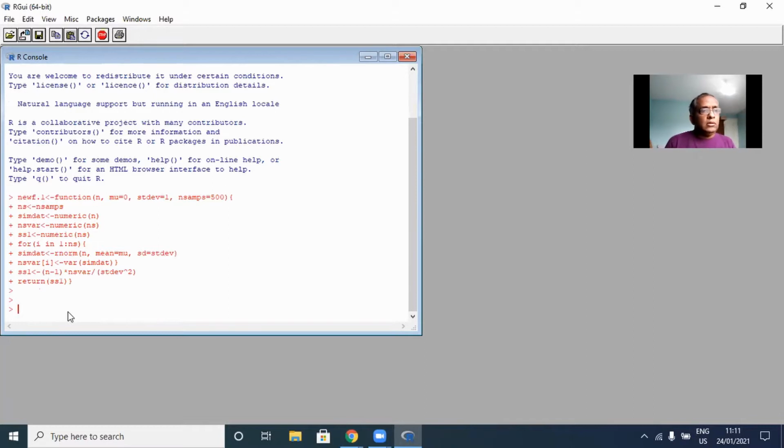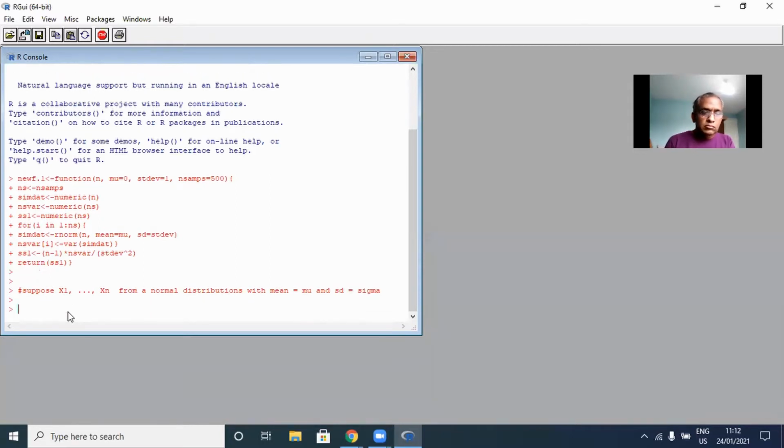Suppose you have a random sample x1 to xn from a normal distribution with mean equal to mu and standard deviation equal to sigma.